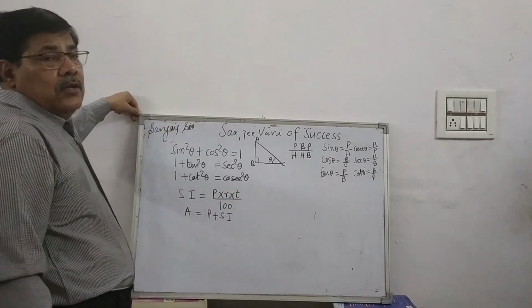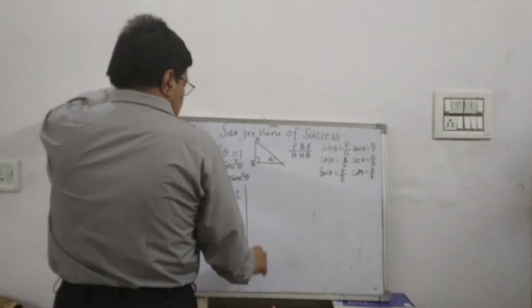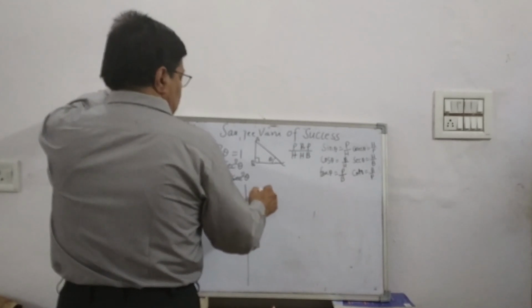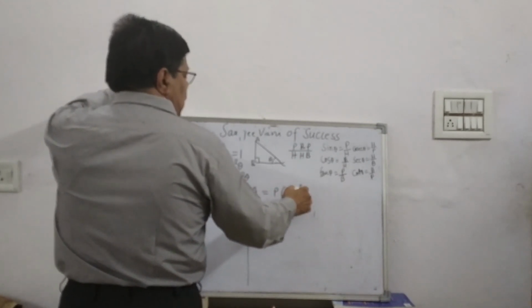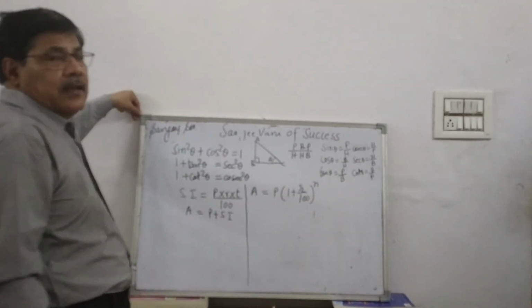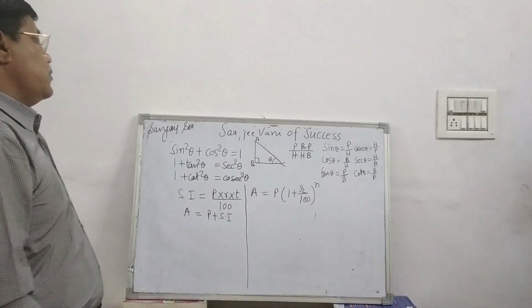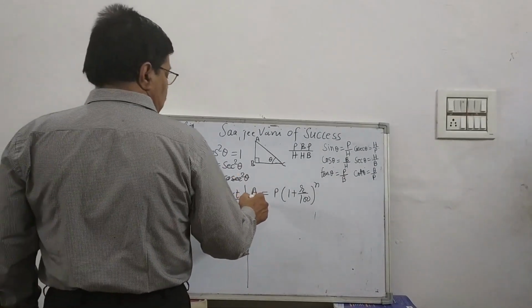Clear? Now next is your compound interest. How will you find out compound interest? So first find out amount. Amount will be found by this formula, P into 1 plus R upon 100 to the power n. Clear? And suppose successive rates of interest are given, then how will you find out?